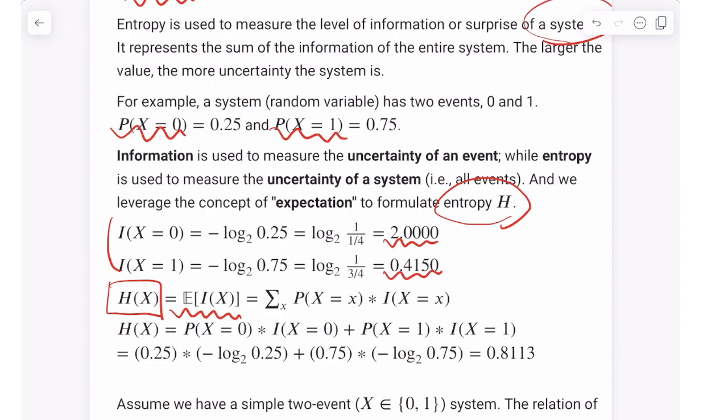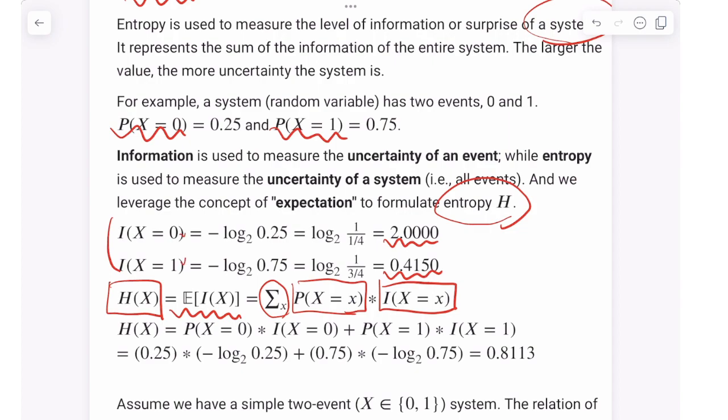The entropy of the entire system is exactly the expected value of the information among all events. So we use the probability of a certain event times the information of this event, and we sum up all the events. In this case, we have 2 events, 0 and 1.